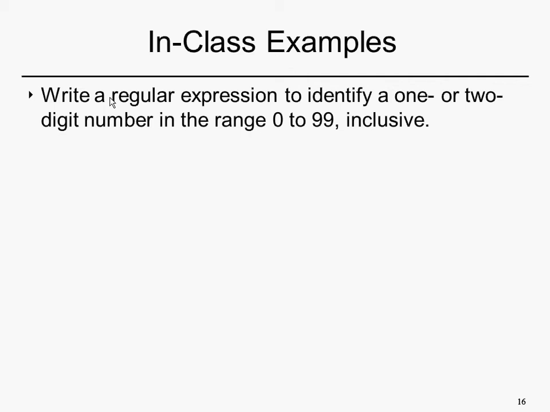If you didn't know you could do 0-9, what could you actually do? You just do open square bracket, 0, 1, 2, 3, 4, 5, 6, 7, 8, 9, and close square bracket. Right? Works. It's brute force, but there's only 10 of them, so it's not that bad.